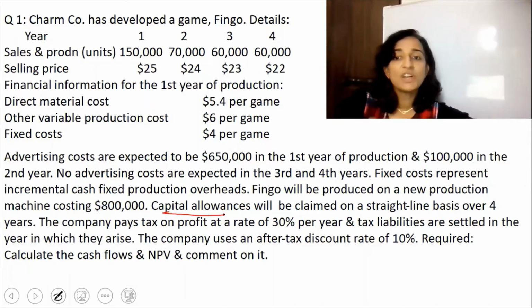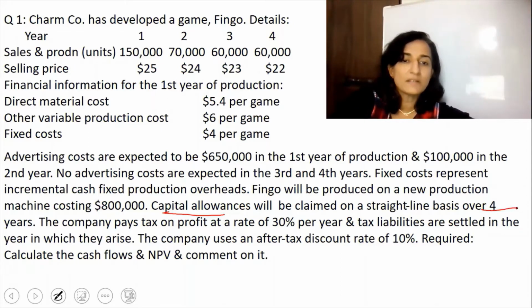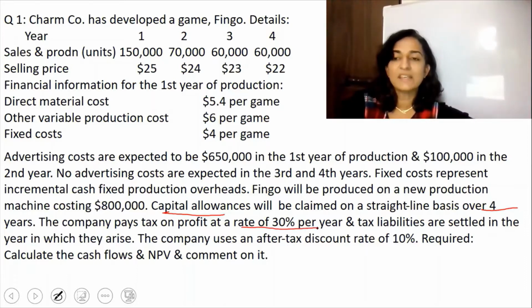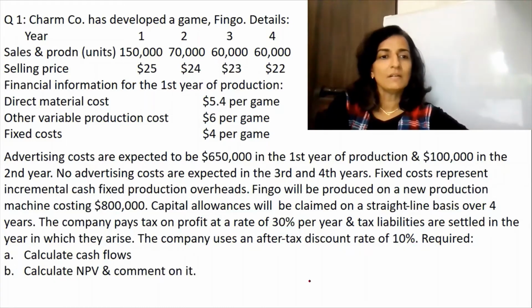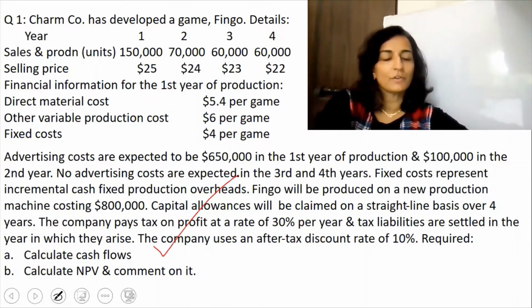Depreciation is to be charged over a period of 4 years. The company pays tax on profit at a rate of 30%. So the tax rate is 30% and tax liabilities are settled in the year in which they arise. So the cash outflow for tax happens in the very same year. The company uses an after-tax discount rate of 10%. Required, calculate cash flows, calculate NPV and comment on it.